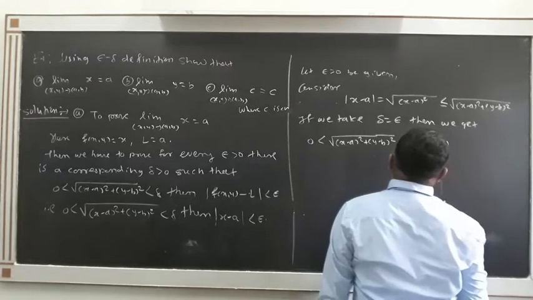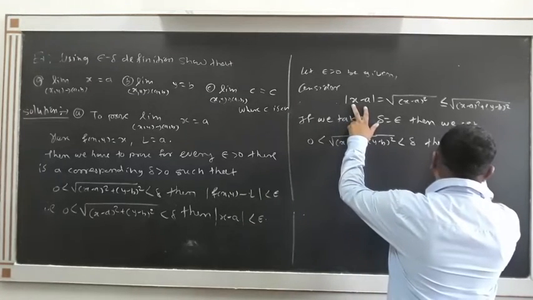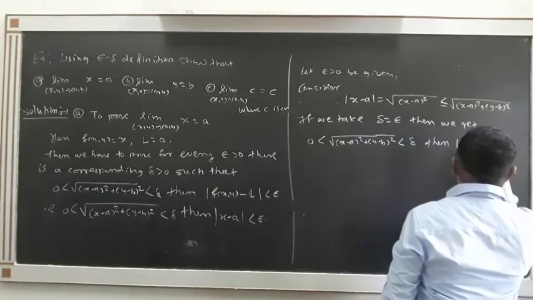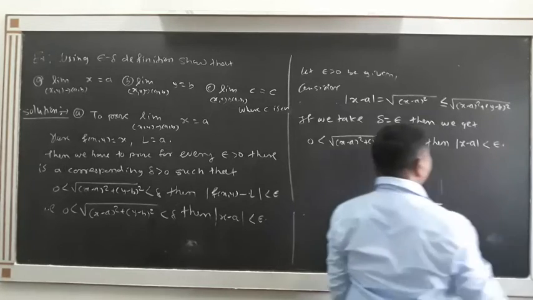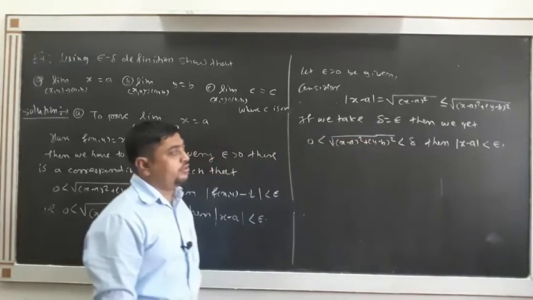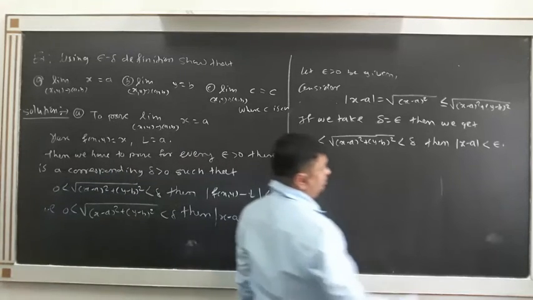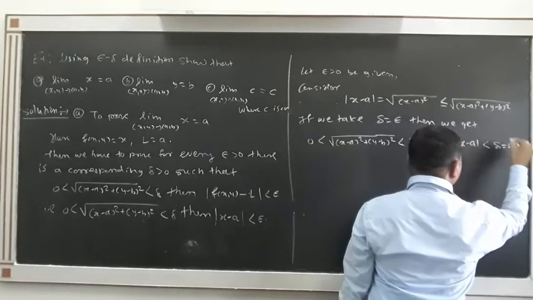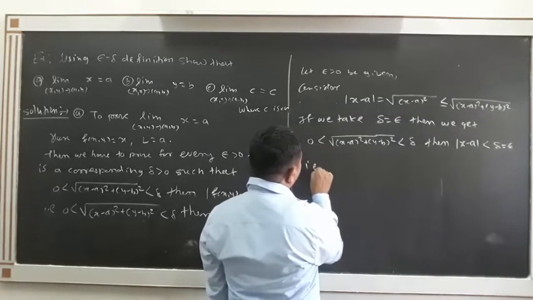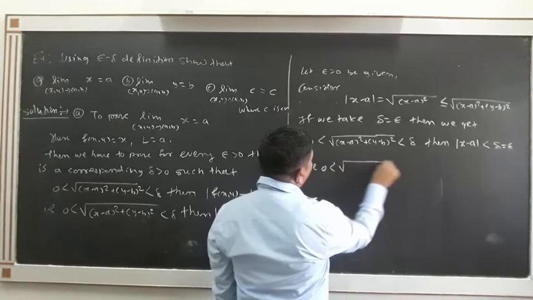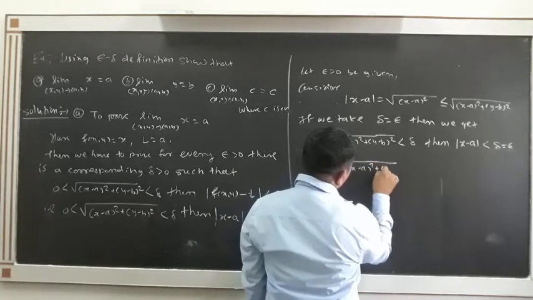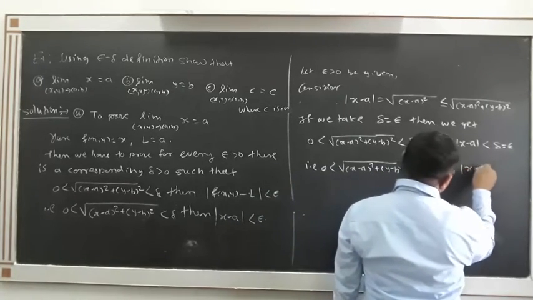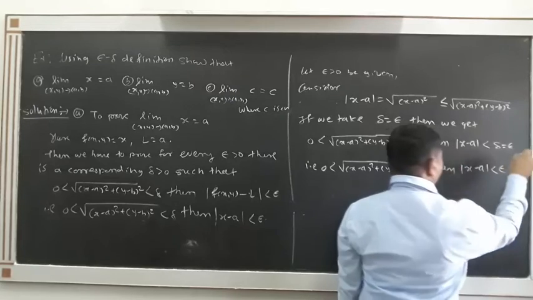Then what can we say? Mod of x minus a is less than or equal to this, and this is strictly less than delta, which is equal to epsilon. So you can write it like this: if 0 is less than the square root of (x minus a) square plus (y minus b) square, less than delta, then mod of x minus a is less than epsilon.